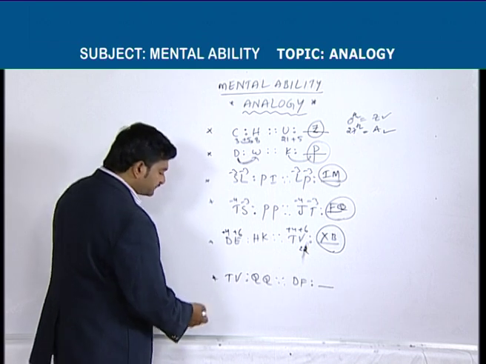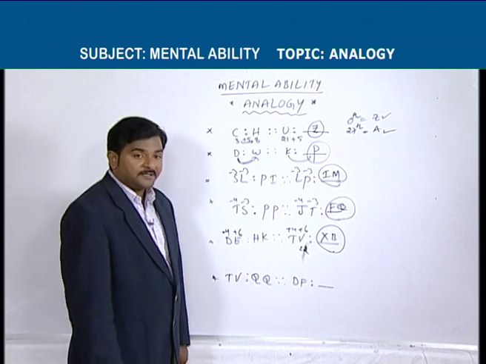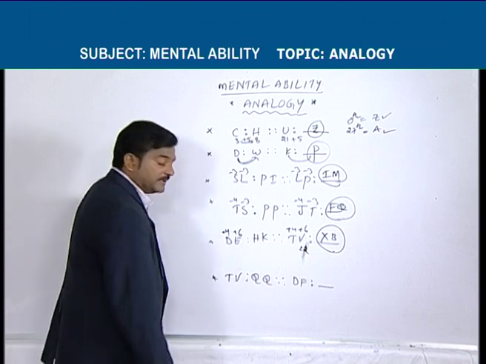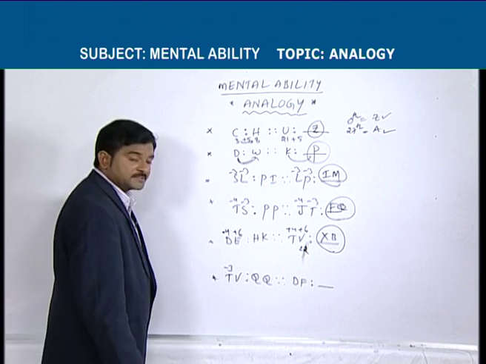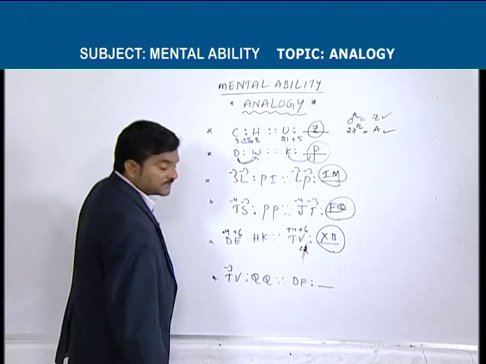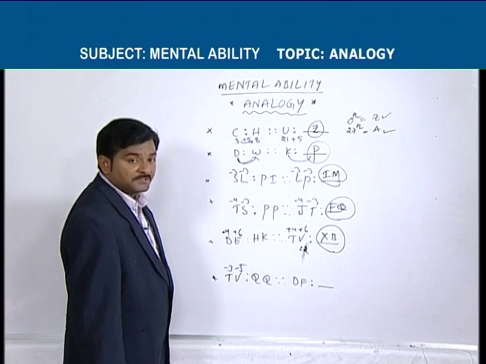See, observe here, TV is to QQ as DF is to dash. T means 20, Q means 17, so 20 is written as 17: minus 3. Whereas here V means 22, Q means 17, so simply minus 3, minus 5.